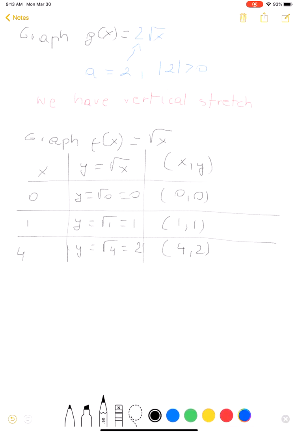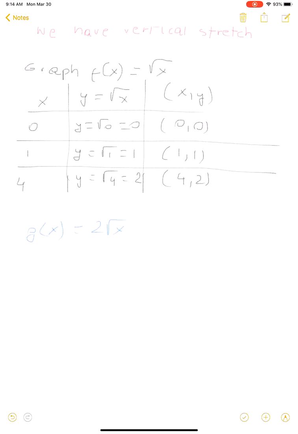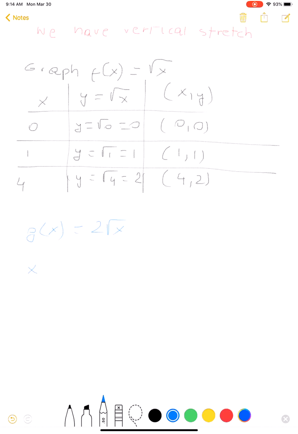Now we're going to create the table of values for g of x, which is 2 times square root of x, and I'm going to use the original graph for that. Again, we're creating our 3 points, x comma y.